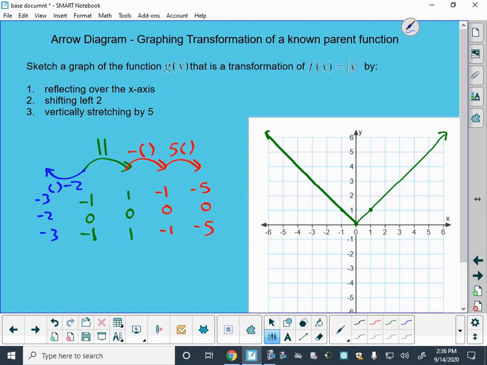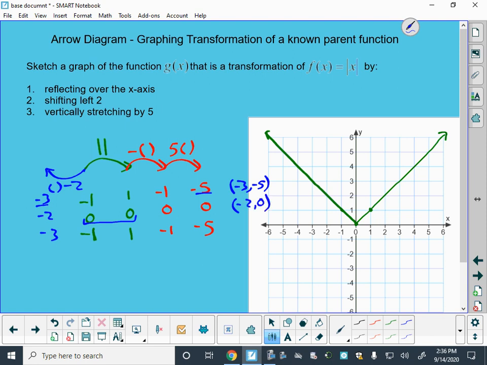And so I get points to plot here. My points are -3, -5. That's the input from the far left connected to the output on the far right. My vertex, because this is where the vertex was to begin with, is now at -2, 0.